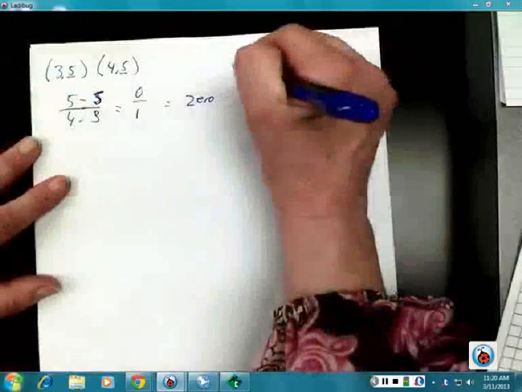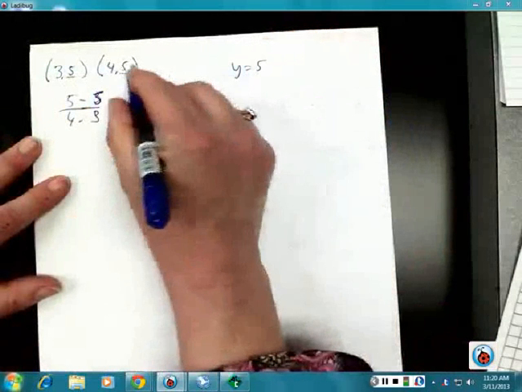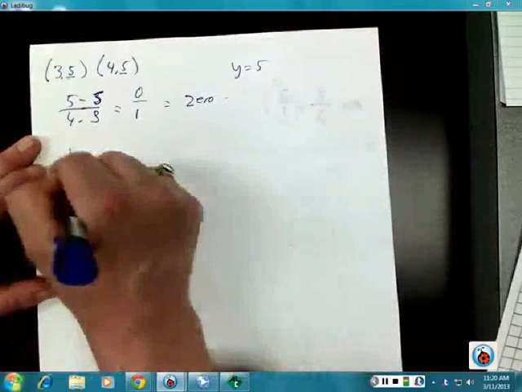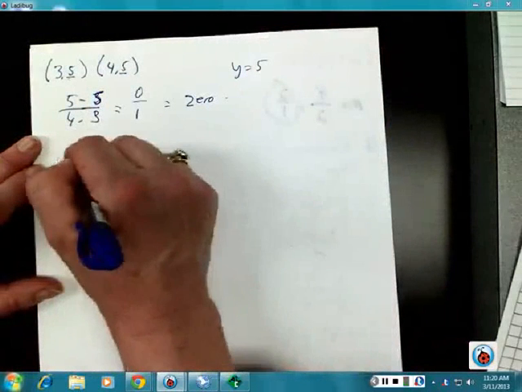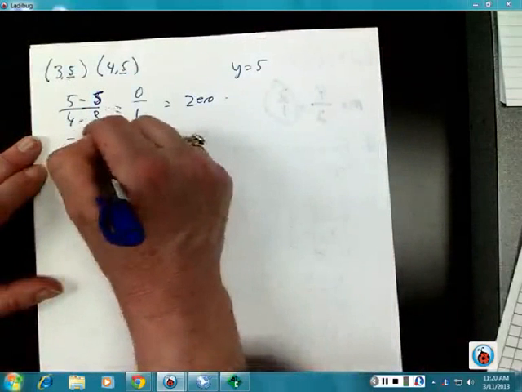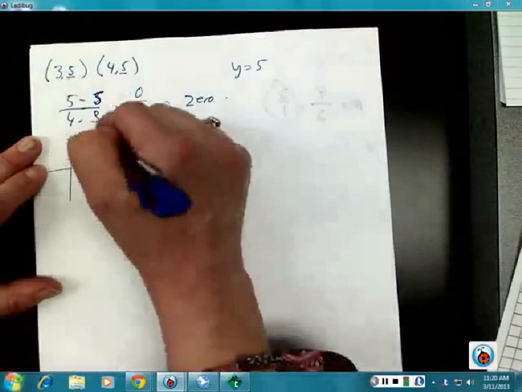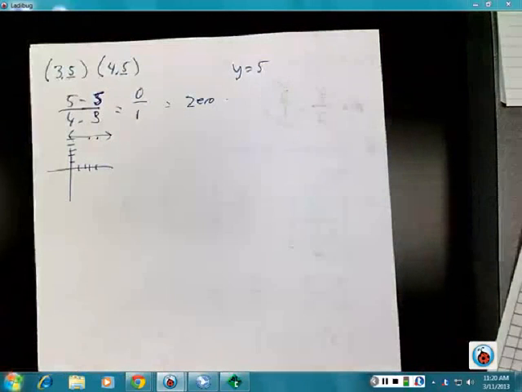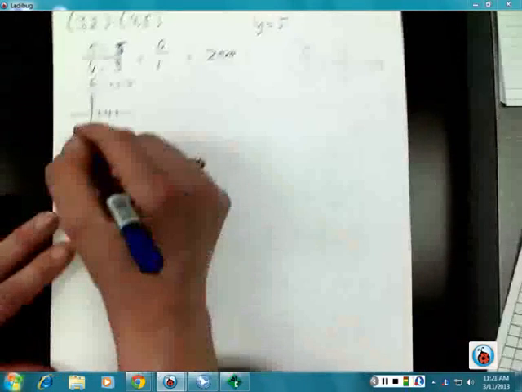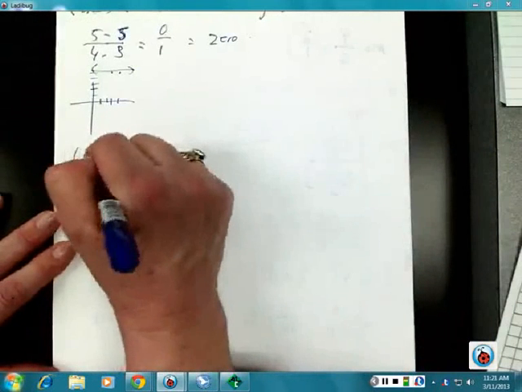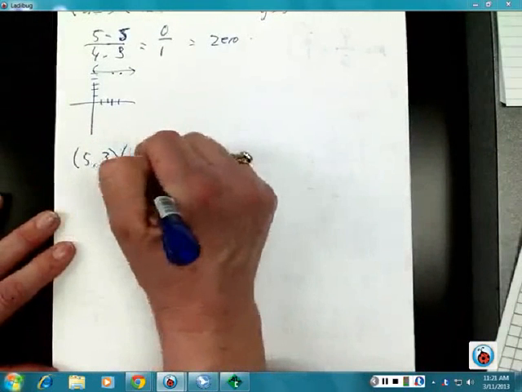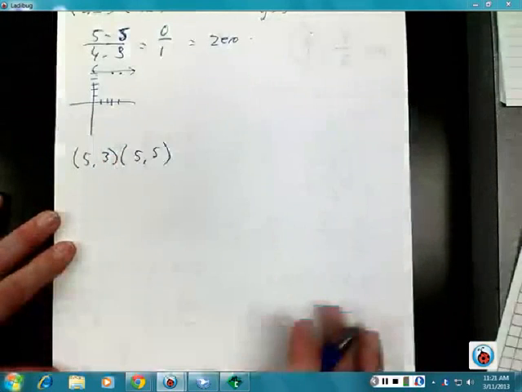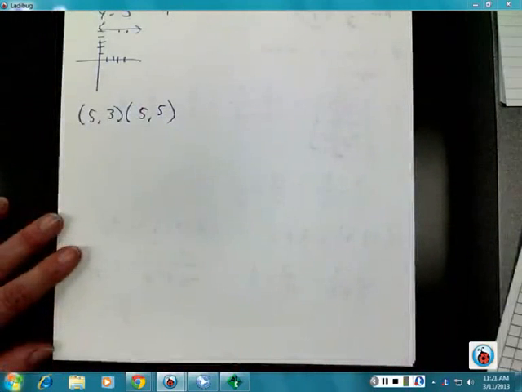So this is y equals 5. If I plotted both of these, I'd have a horizontal line, so my slope would be 0. If your points are 5, 3 and 5, 5, what's that one's slope?